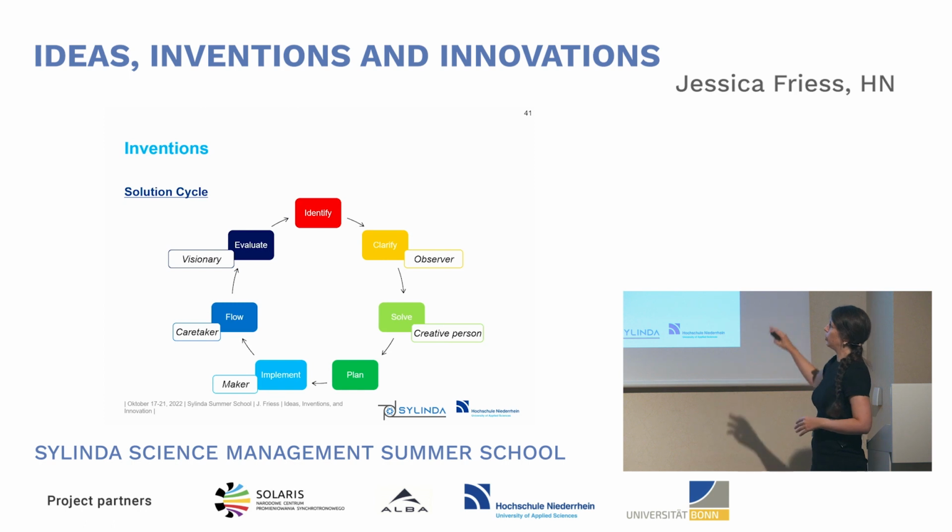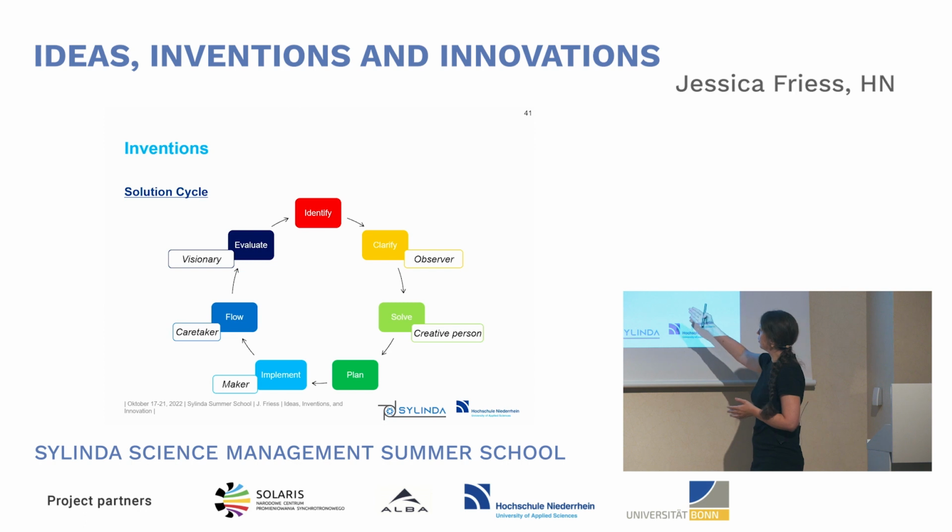So if we look again at our solution cycle with identifying, clarifying, solving, planning, implementing, flowing, and evaluating, you can see that for different tasks, different people or different personalities maybe have a good approach. For example, if you would like to clarify something, somebody who's good at observing and good at describing a problem is a good person to work with.